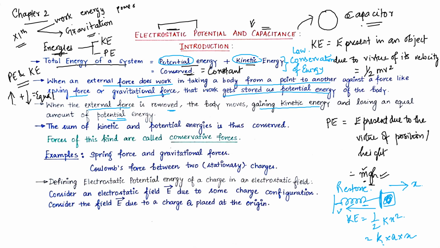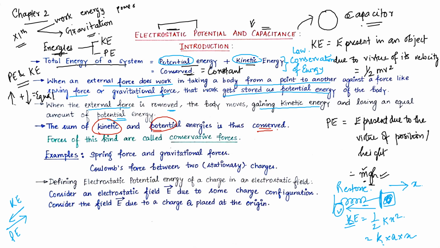Due to this movement, it will attain kinetic energy. When we stretch it, it has potential energy, and when we free the spring, it will retrace its path, gaining kinetic energy by virtue of its motion. The sum of kinetic and potential energies is thus conserved.